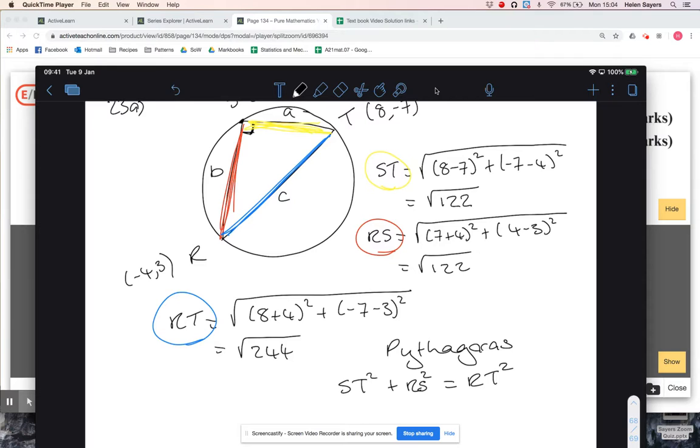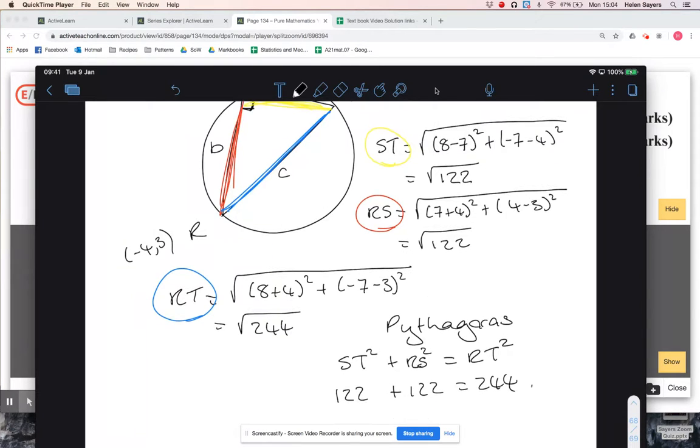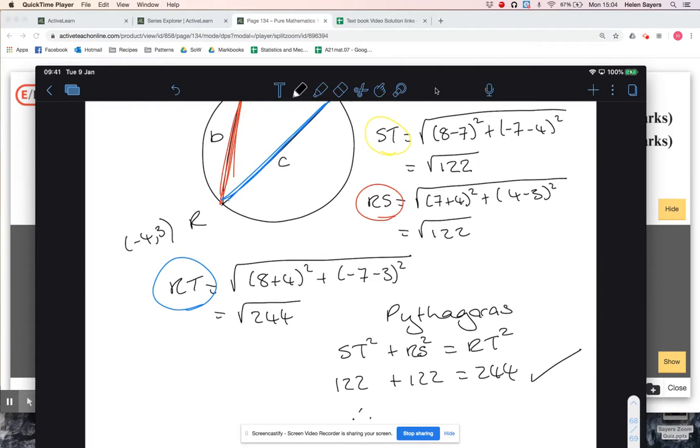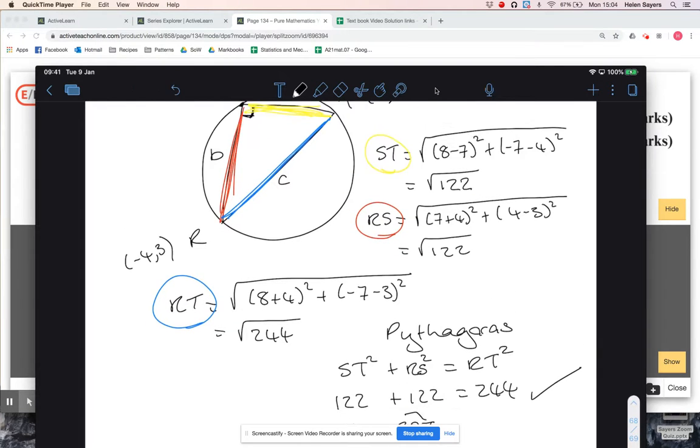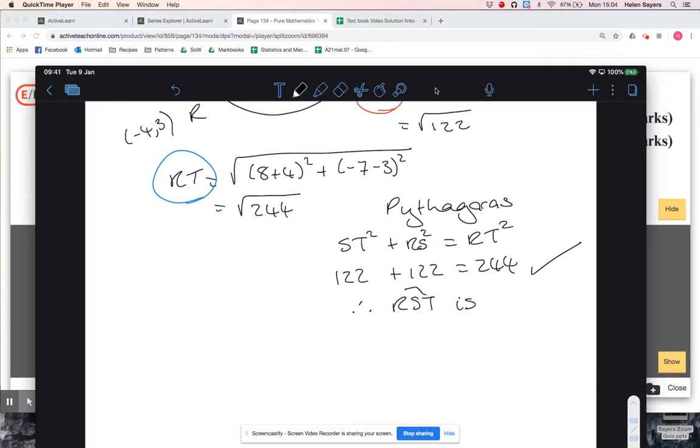So ST squared is root 122 squared, RS squared is root 122 squared. RT squared is root 244 squared. So that is true. So therefore, our angle RST is a right angle, which means RT is a diameter. So that's from your circle theorems from last year.